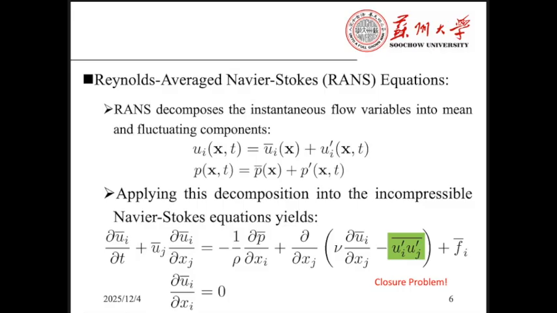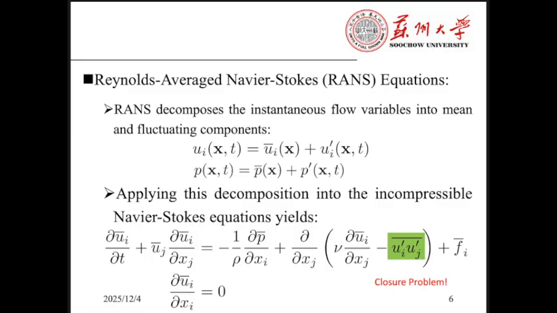Because of the nonlinear term, the second term, the convection term, there is an unclosed term, ui prime uj prime bar, that needs to be closed.